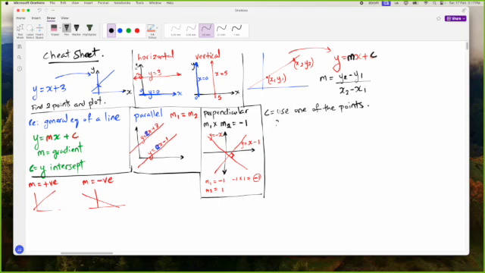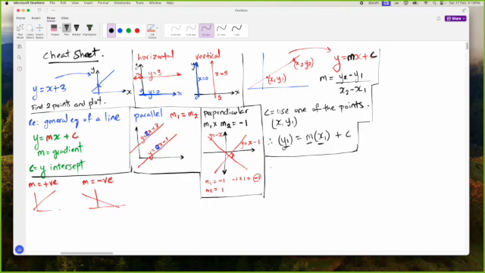So let me use x1 and y1. Therefore, you use the equation y1 is equal to m, that you found using this equation, times x1, and then you have your plus c. So everything here, you have m, you have x1, you have y1, you could just find c.